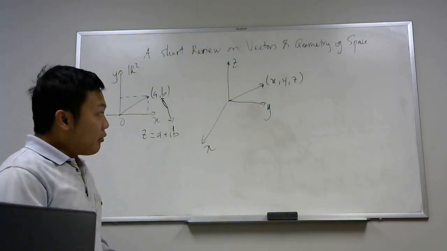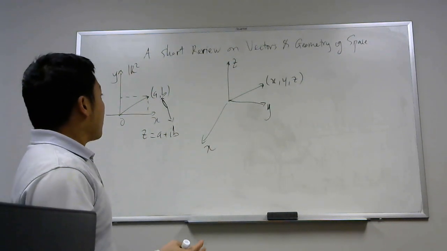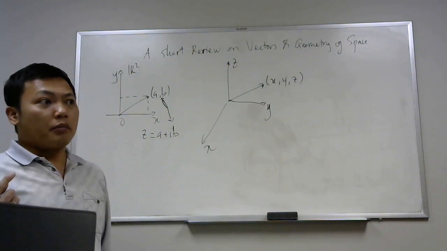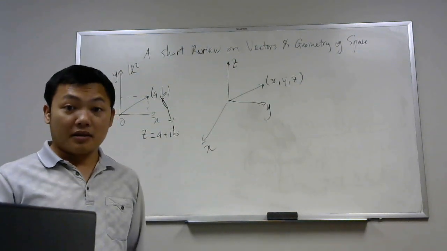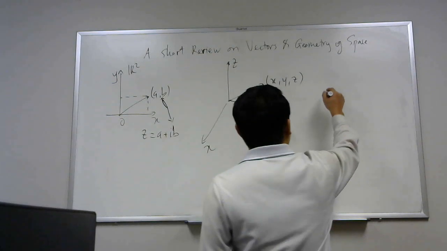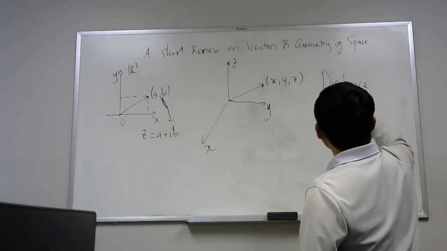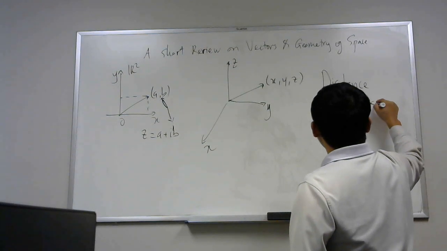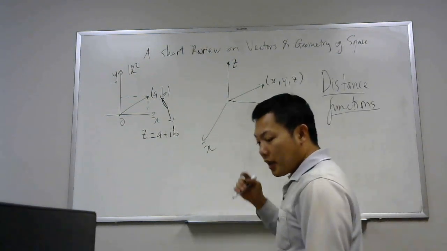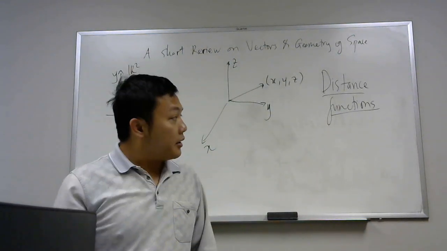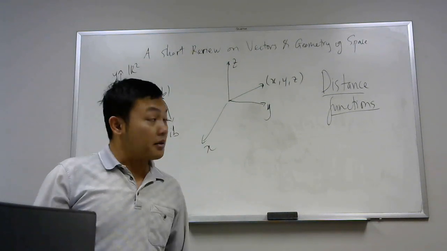So basically, when you consider vectors in space or in the plane, the most important notion is distance function. We might have several kinds of different distance functions.